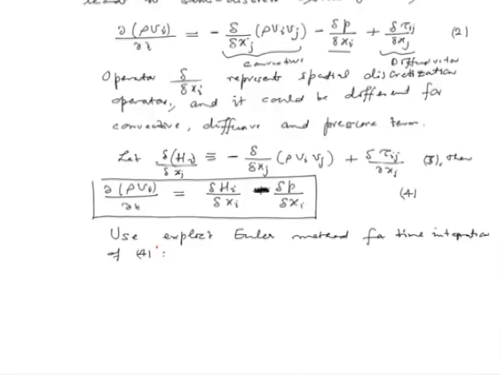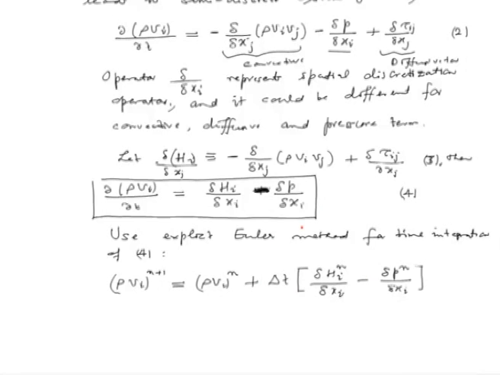So, then what we will get? ρV_i at time instant n plus 1 is equal to ρV_i at time n plus Δt times minus δH_i^n over δx_i minus δP^n over δx_i.